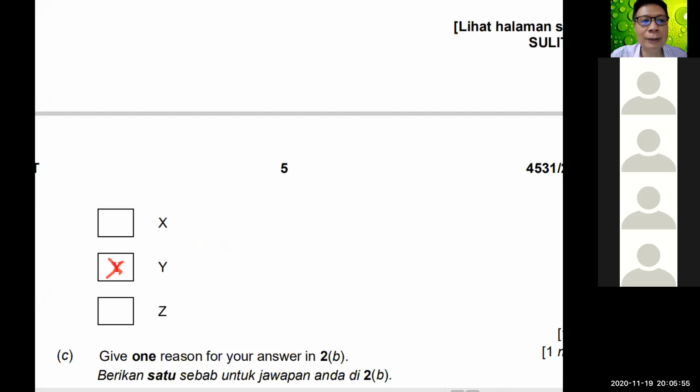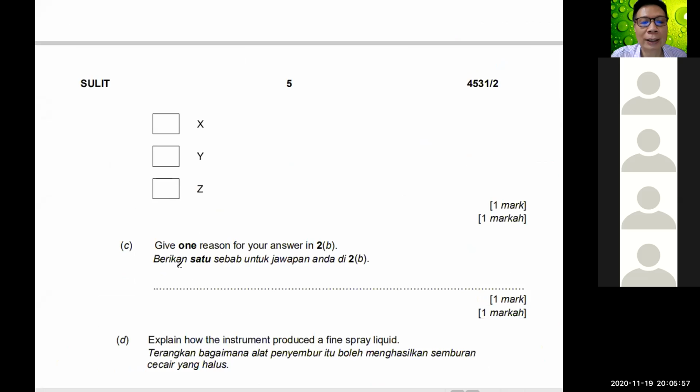All right, next one. The question asks, give one reason why you choose Y. Why is Y low pressure? Divish, can you answer? What is the reason for saying here is low pressure? Because they got high speed.